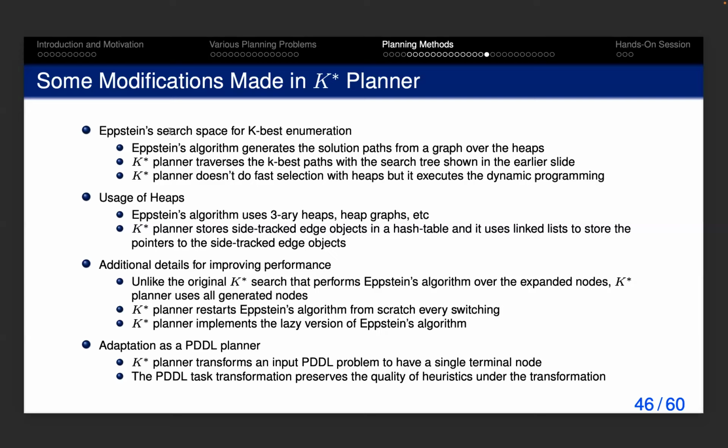The reason I asked is that in the second bullet you talk about the transformation preserving the quality of the heuristic. You're making essentially a fairly trivial change. Would you expect the values of those heuristics to change under that transformation?